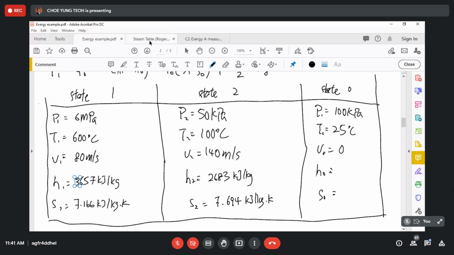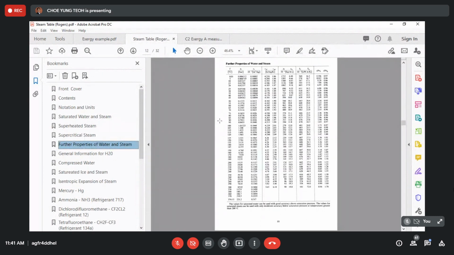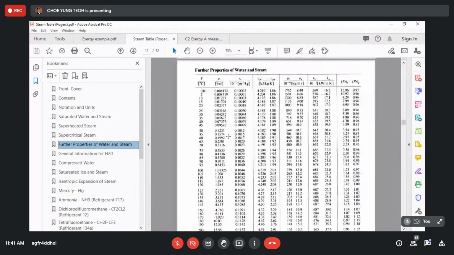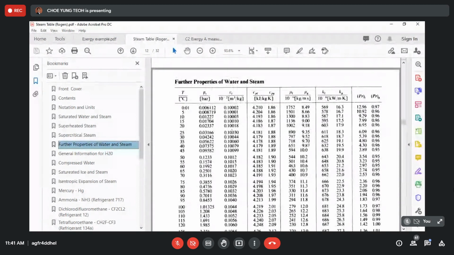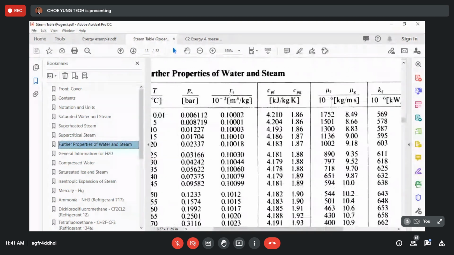Okay, simply we refer to the steam table, and you can try the properties of water. From these properties of water, we can get the Vf, the specific volume, if needed.